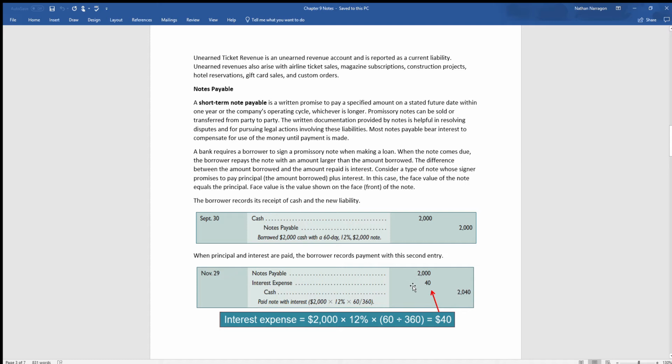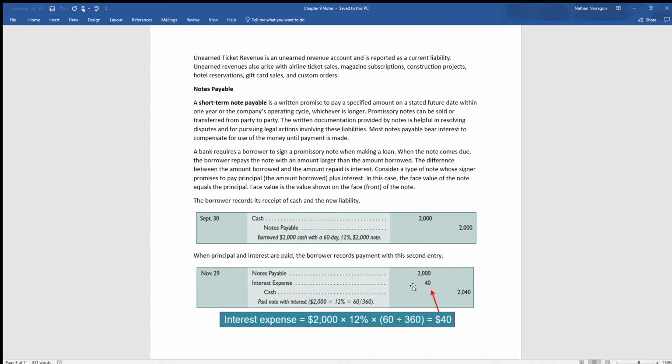Here's our calculation. We find out that interest on the note was actually $40, which is not bad if we got $2,000. All right. And then cash is the addition of these two: 2,000 plus 40 gives me 2,040.